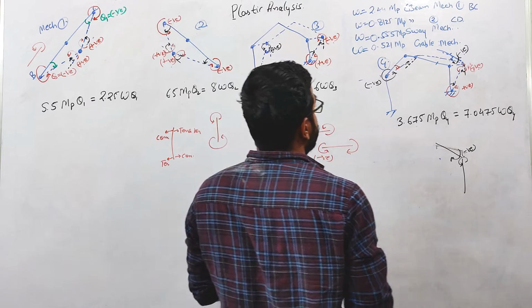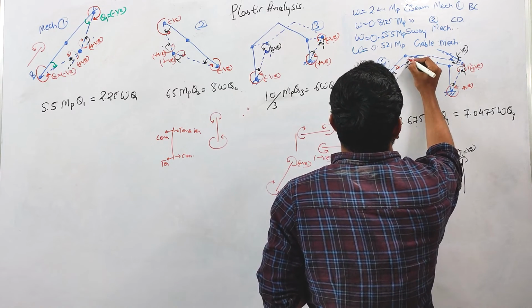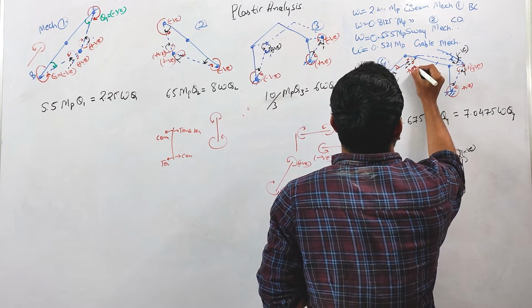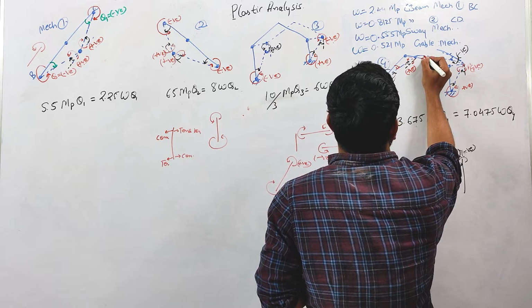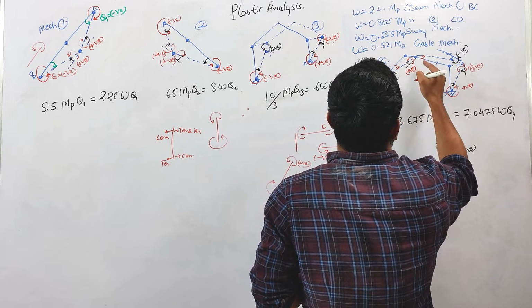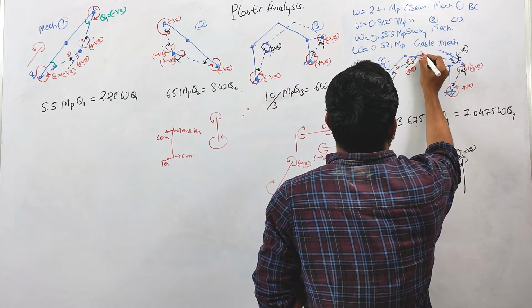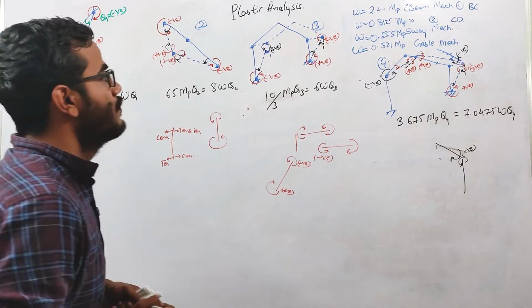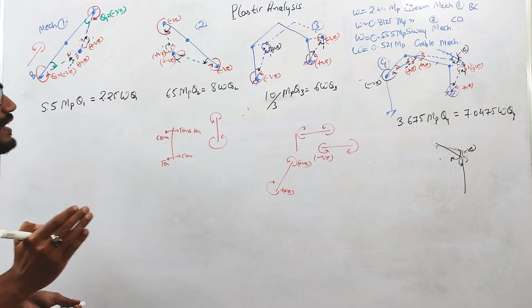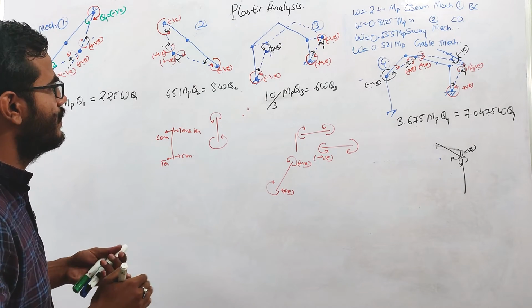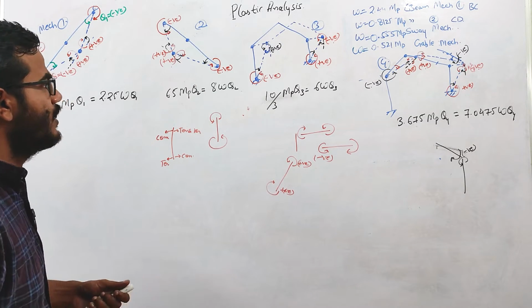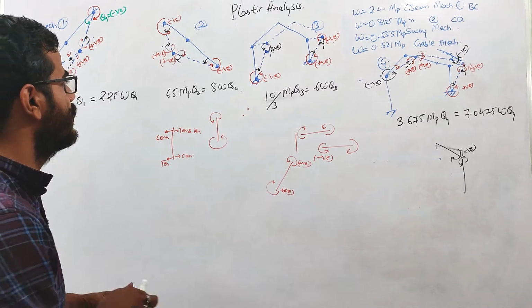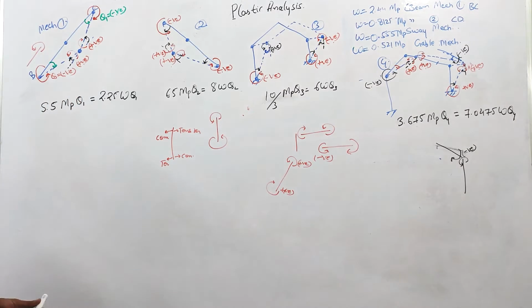So the plastic moment will act opposite to this direction. So this will be positive. Similarly here, the direction of the rotation is what? Anti-clockwise. So the moment will be acting clockwise. So this will be positive, right? So this is how you decide the rotation sign. For each rotation, you need to give some sign. Okay. So this is how you decide that, right?